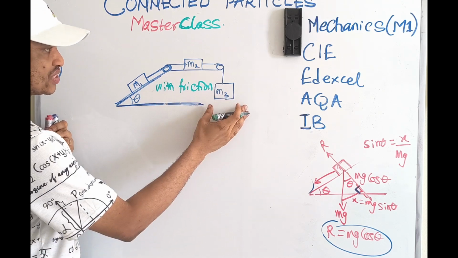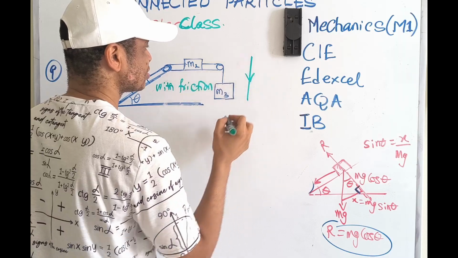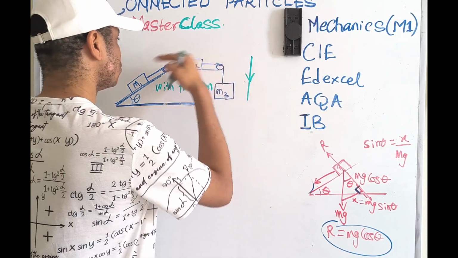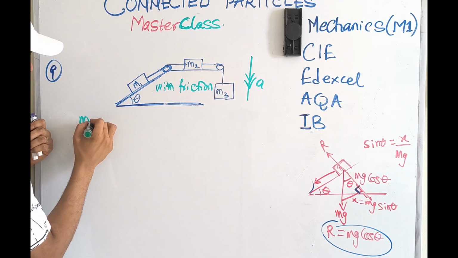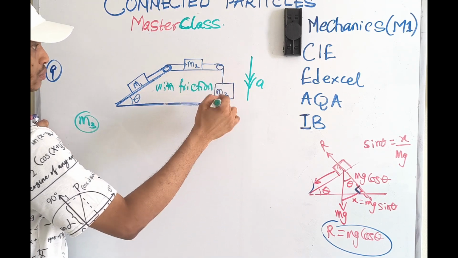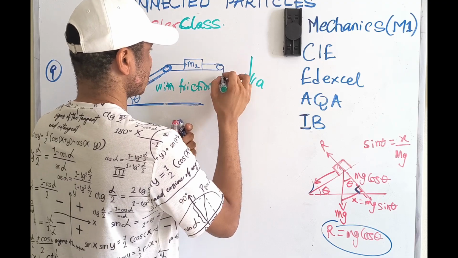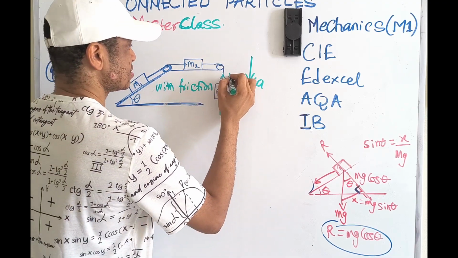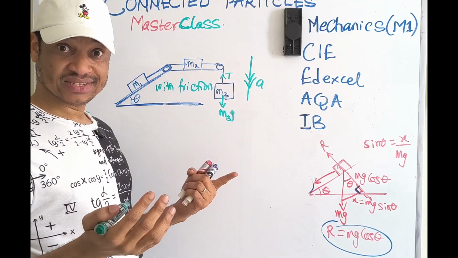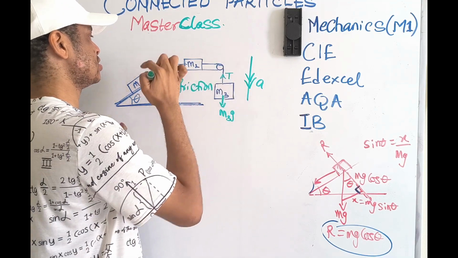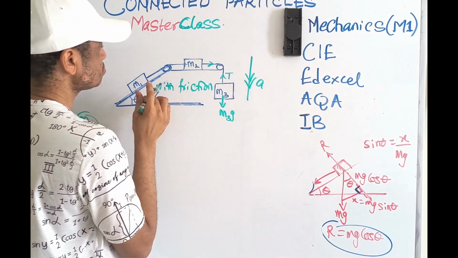Now let's see. I will do this first. Again, this particle is coming in this direction, and I will do the other side too. So for m3, action is m3g, and reaction is T. Here there will be 2 T's because this is 1 T, this is 1 T. Remember I said this must oppose this.